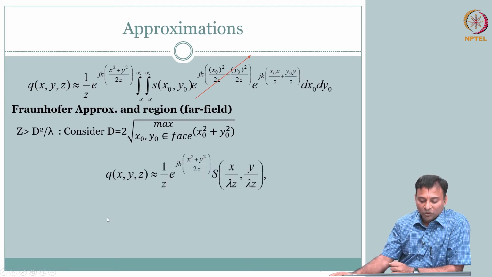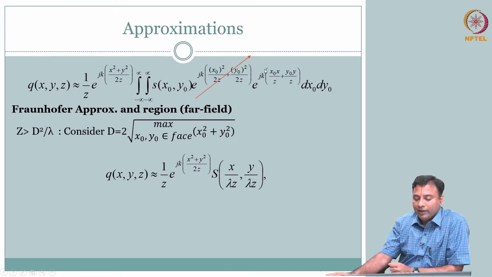Fantastic, right? So you will quickly recognize that what you have here is 1 by z, this guy times this whole thing, which is nothing but a Fourier transform, right? Only thing is you have to recognize your u and v. So this was x naught and y naught, so your x by lambda z, y by lambda z.